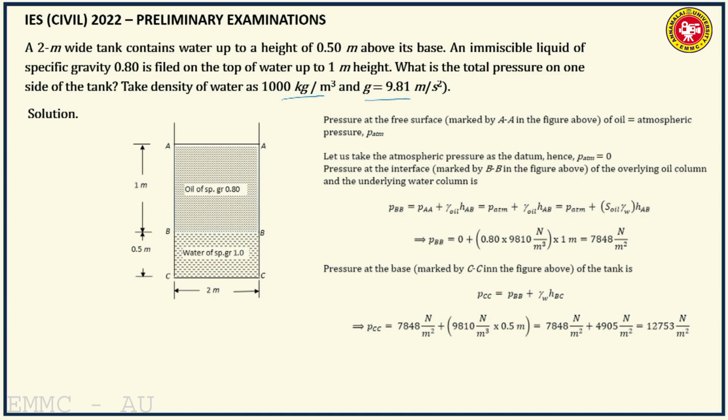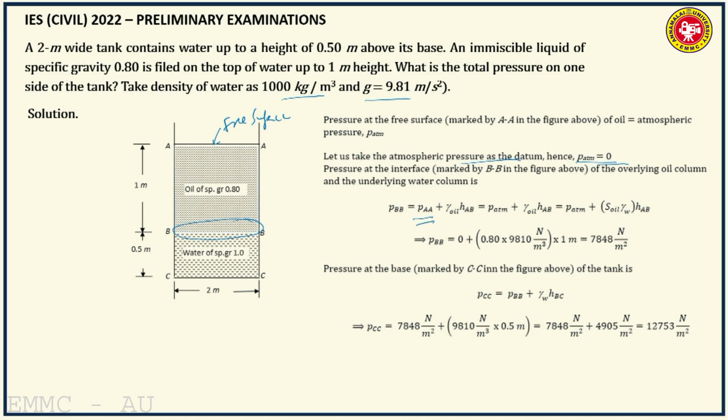So pressure at the free surface, that is marked by AA, this is free surface of oil, that is atmospheric pressure. So we will take atmospheric pressure as the datum, that means atmospheric pressure is treated as 0. Now pressure at BB, there is the interface of overlying oil and the underlying water column, that is PAA.